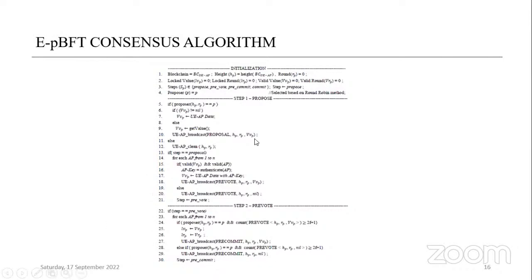This is the consensus algorithm we have used in the proposed system. Here we have explained what happens in initialization, and then what process goes on in every step. In the propose step, we are validating the access point. We are doing the authentication of the access point, and we are propagating the authentication result through all the nodes.